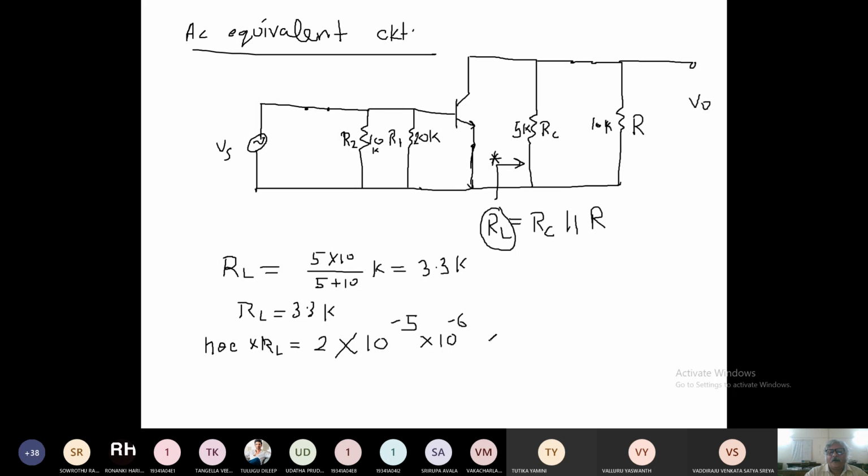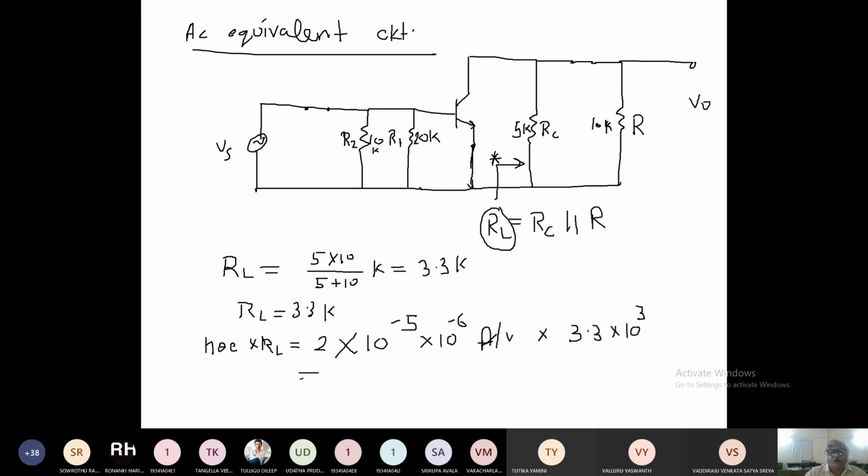And this will be multiplied by RL. RL is 3.3 K, so it is 3.3 into 10 raised to the power 3, right?